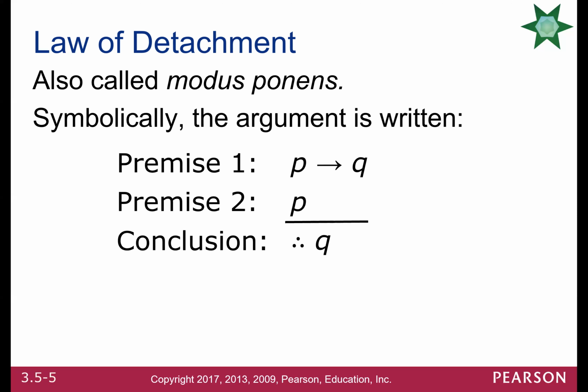That little symbol there is read "therefore." And I can change my screen here so I can actually write here. Okay, so we have our first premise in the law of detachment.